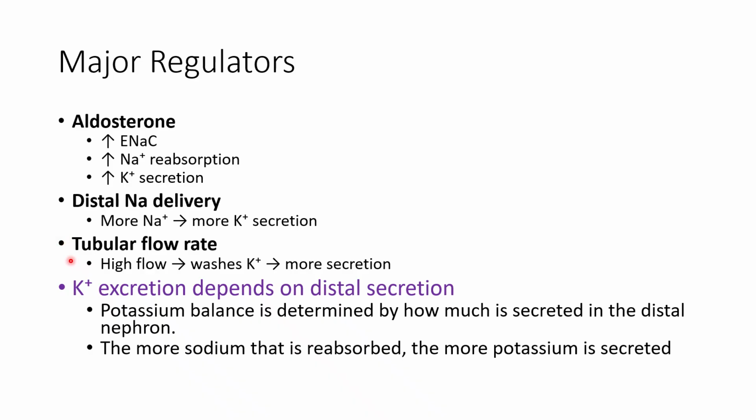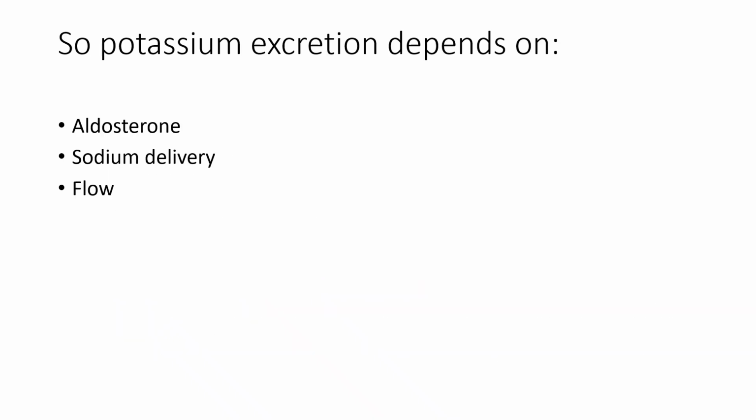So if the flow rate is high, that will lead to washing away of potassium. So you need to remember that potassium excretion depends on distal secretion and again sodium absorption. The more sodium that is reabsorbed, the more potassium is secreted. Again, it is just a summary that potassium excretion depends on aldosterone, sodium delivery, and flow.